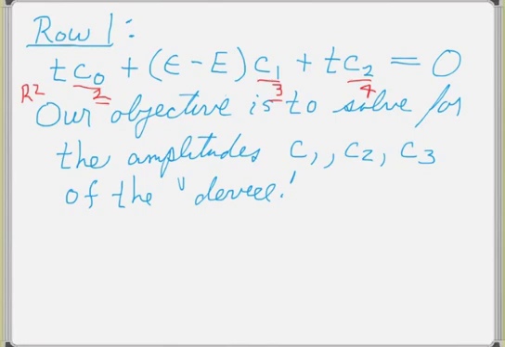But we do have some information about these leads. We know they're sort of ideal leads. We know that the eigenstates are eigenstates of the unperturbed Hamiltonian out in the leads. And so we know the general form of the eigenstates, the injected, reflected, and transmitted waves in the leads.